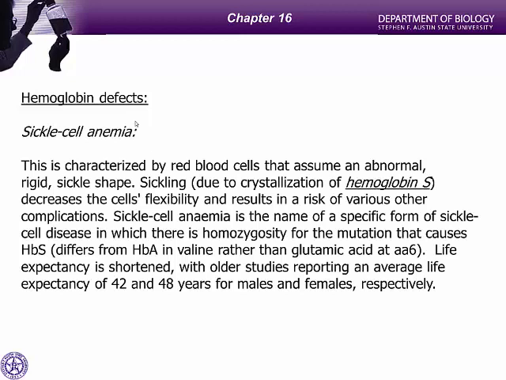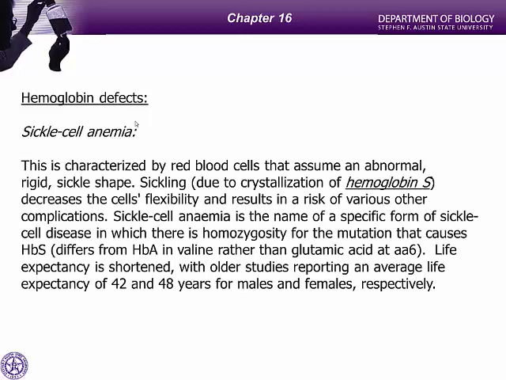Now, there was a question earlier, I believe it was last week, where we talked about AS and various genes. Well, genetically speaking, we can have defects in hemoglobin. And so in these populations, the alpha and beta chains, we can also have a hemoglobin S. And this is in sickle cell anemia.